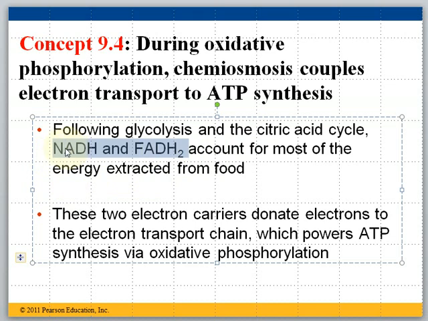So these temporary batteries, remember, that we've been talking about carrying these electrons, that's where most of the energy still is. These 2 electron carriers are now going to donate those electrons that they've been holding to something called the electron transport chain, and that's going to power the production of ATP via a process called oxidative phosphorylation.